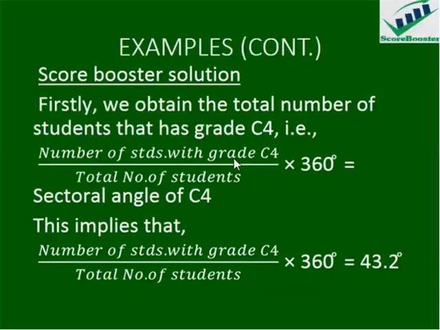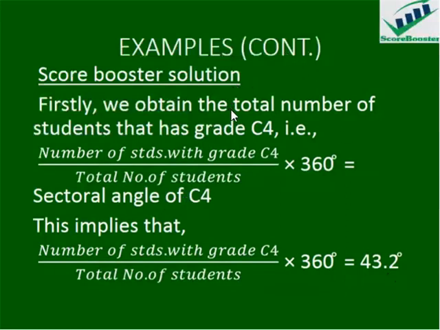We don't know the number of students with grade C4, and that is what we first want to obtain here. We don't know the total number of students times 360 degrees, but we know the sectorial angle of grade C4 to be 3.2 degrees.